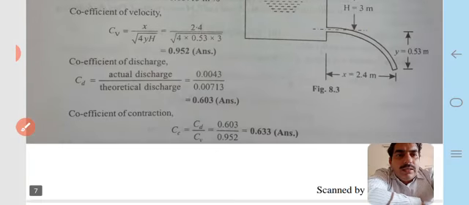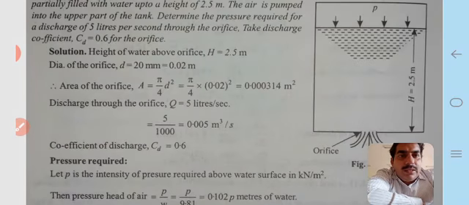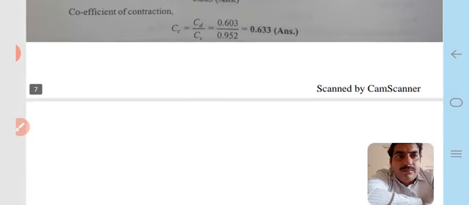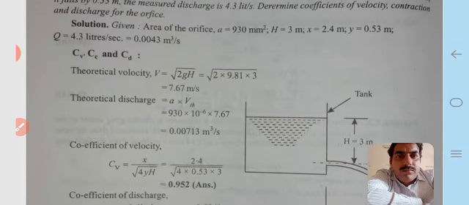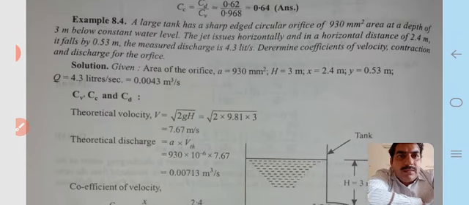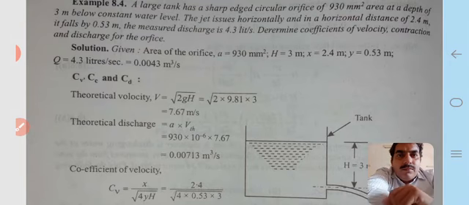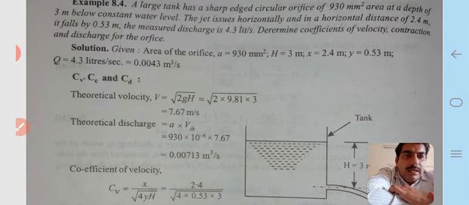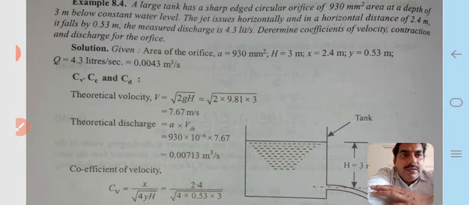Okay, now the next type of example to be taken. A large tank has a sharp edged circular orifice of 930 mm square area at a depth of 3 meter below constant water level.